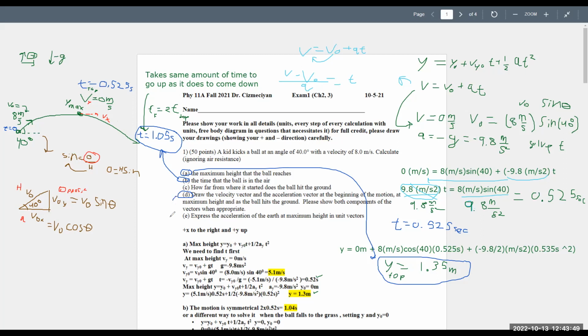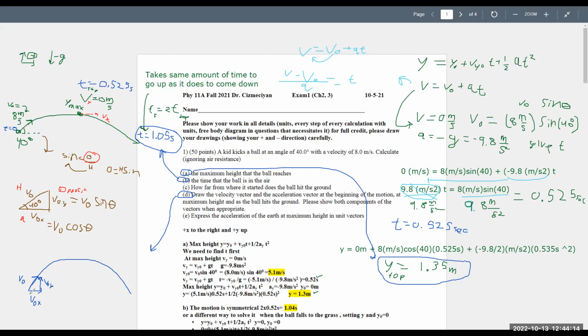So this one, D is asking for the velocity vectors and acceleration vectors at the beginning, max height, and when the ball hits the ground. So you can have a diagram like this. For the beginning, you have your V naught here. You also have your V naught X here, and your V naught Y here.